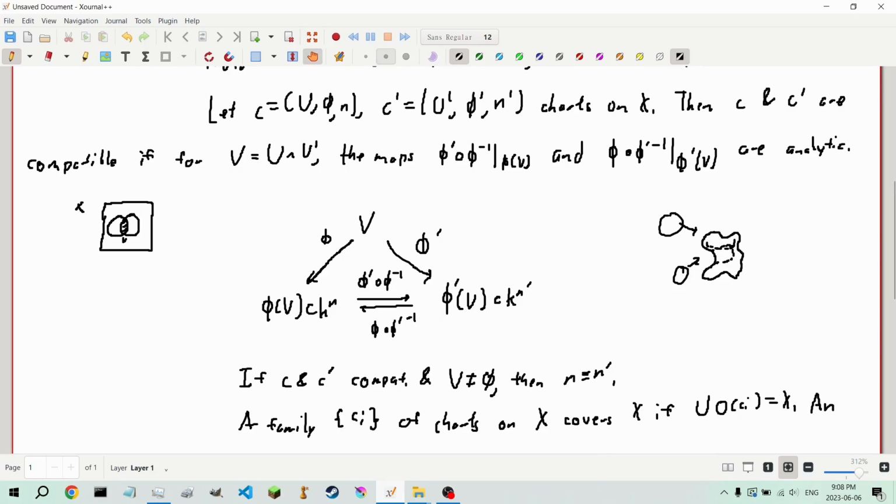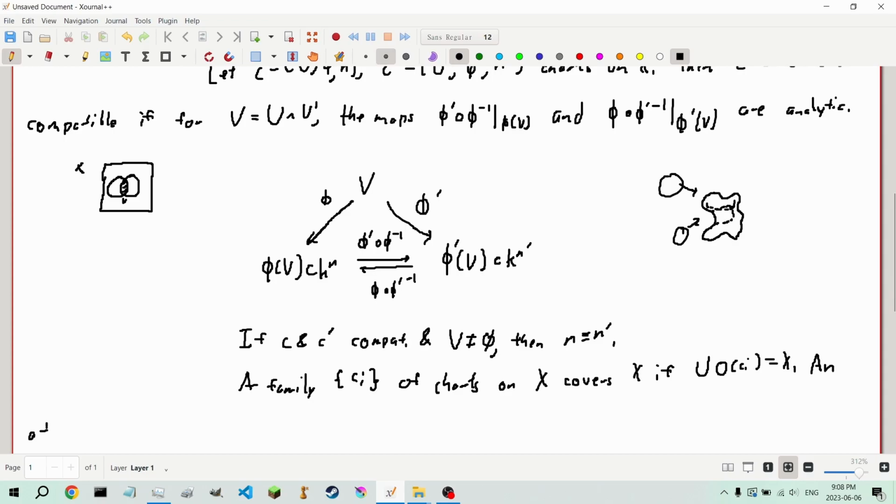Now, this gives us the concept of an atlas. An atlas A on X is a family of charts on X covering X such that all the charts are mutually compatible.